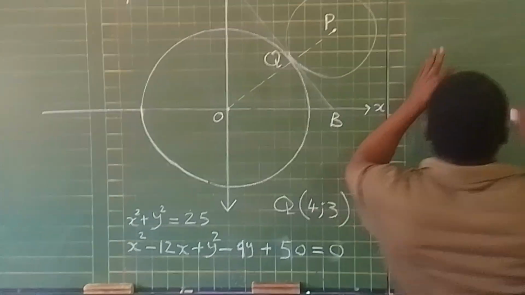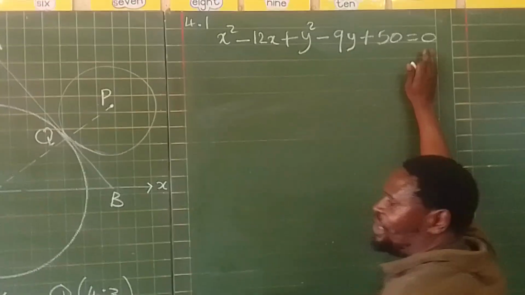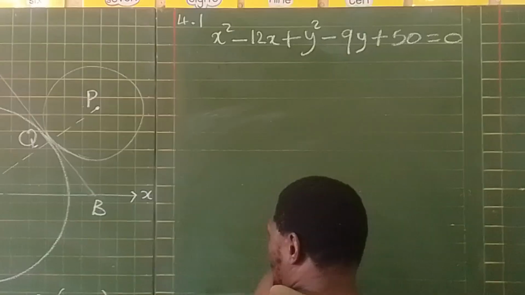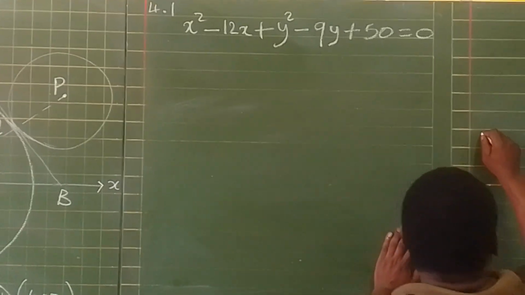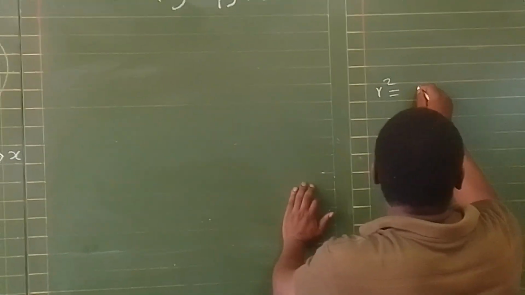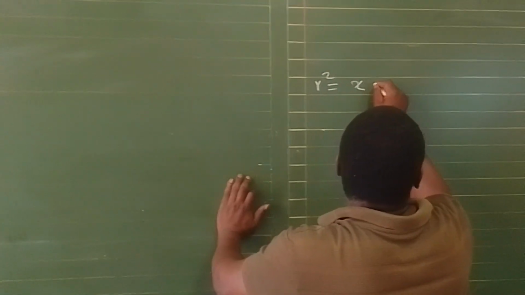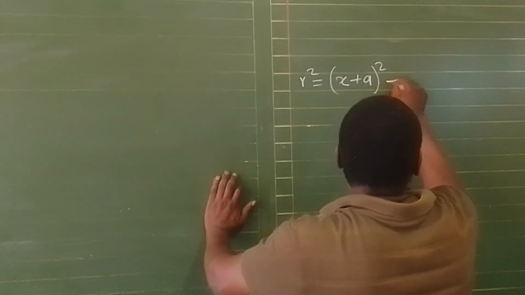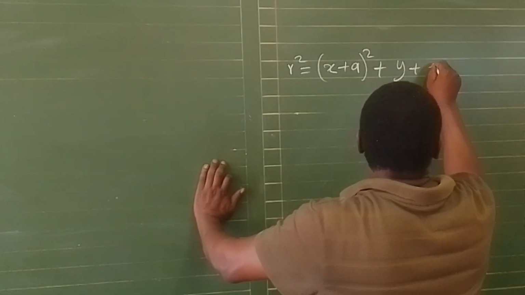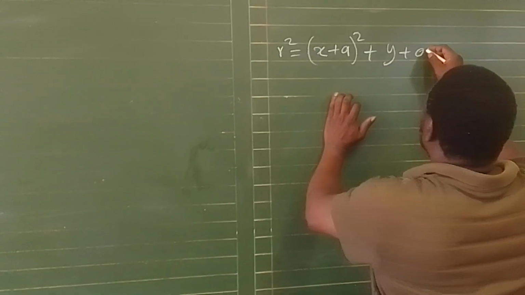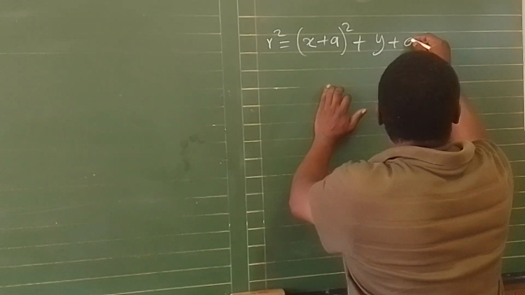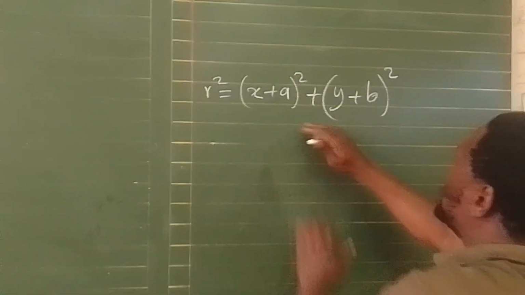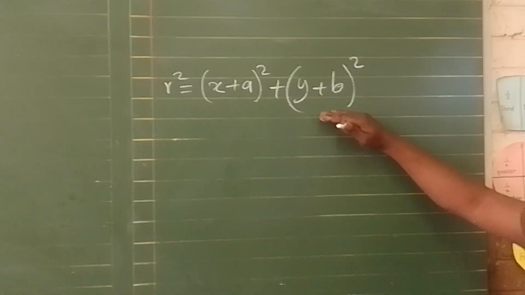So you grab this equation and complete the square so that you can see the format. The format must come in the form r squared equals (x plus a) squared plus (y plus b) squared.